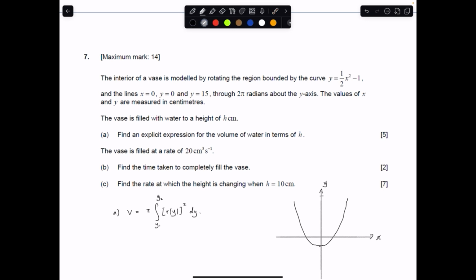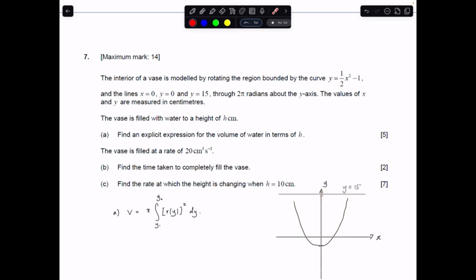So I'll say maybe it's somewhere over here, y equals 15. And so if this region is revolved around the y-axis, it's going to create a 3D shape, and we're trying to find the volume of the vase. So the vase should look something like that, 3D, and then we're trying to find the volume of this shape.